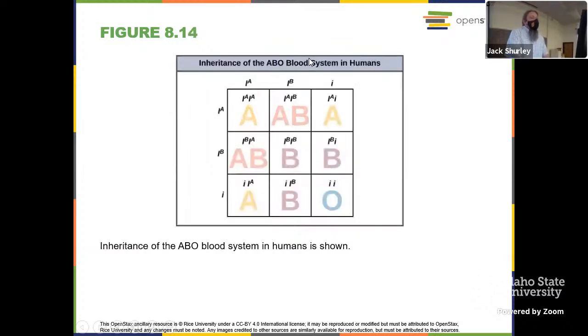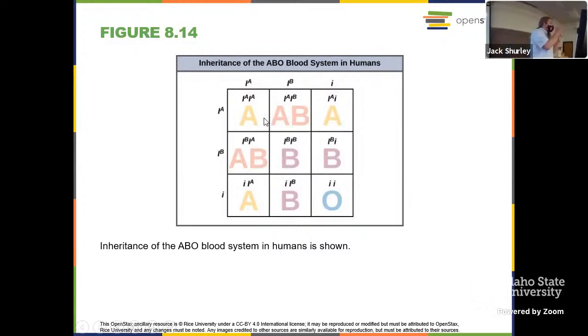So with the other, all right, and this, so the little i's, it's A and B, they are dominant to O, and I think that's why it's the capital I. And then the little i's, 2 little i's, and that's what you've got, all right? So as we look at this, there are a handful of different potentials, all right?